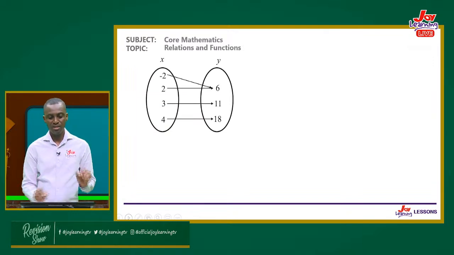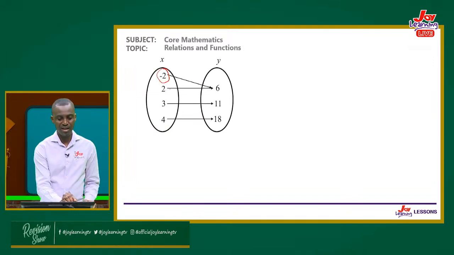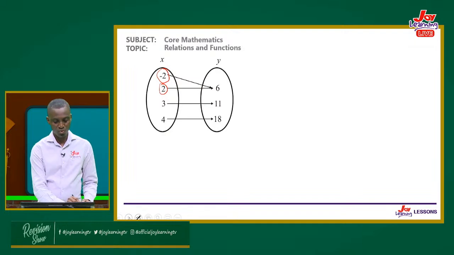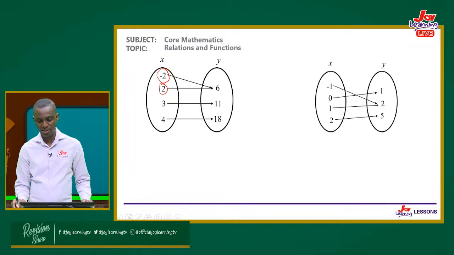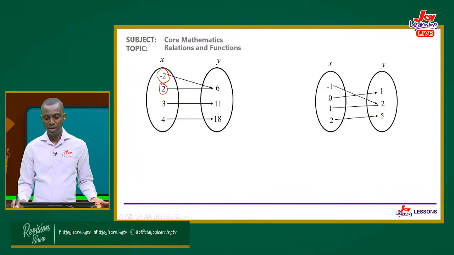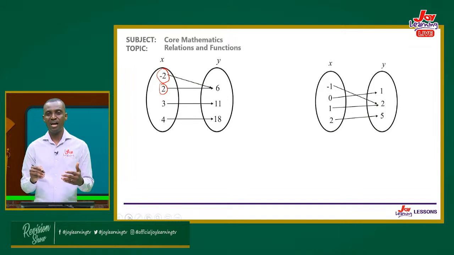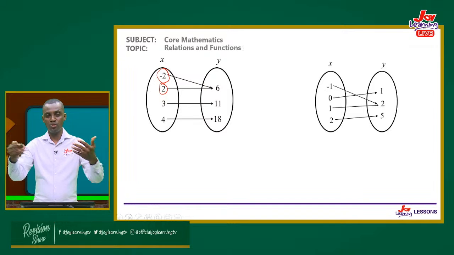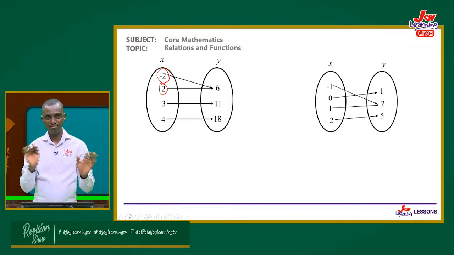That means each of these elements has a unique image, so that makes them a function, and it is many to 1. Another example 2 is here. You can see -1 relates to 2, +1 also relates to 2. So like I gave you an example, if your father has 2 wives, his relation with your mother and your stepmother is not a function.